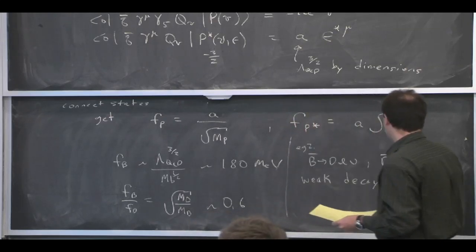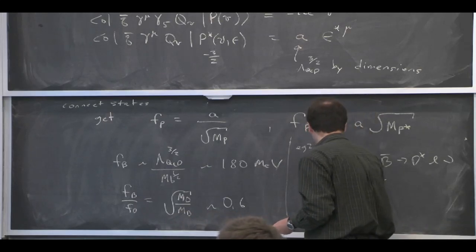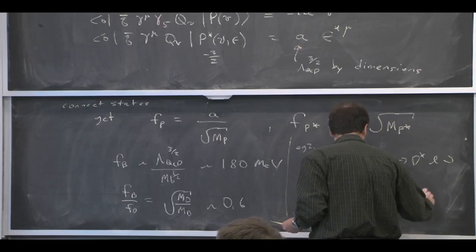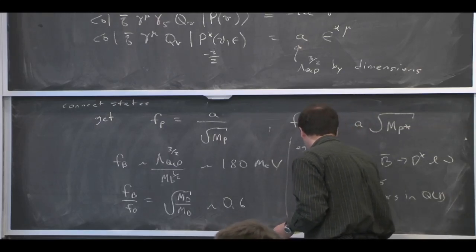If you were to enumerate the number of form factors you'd have in QCD, you'd have 6 form factors. And once you go over to the heavy quark limit, there's just 1.